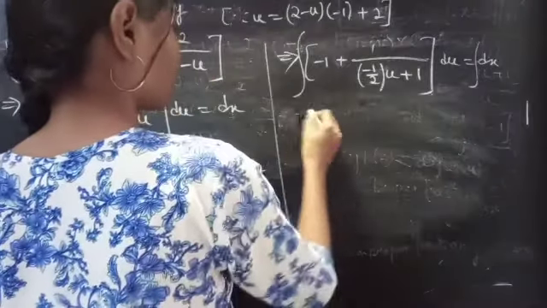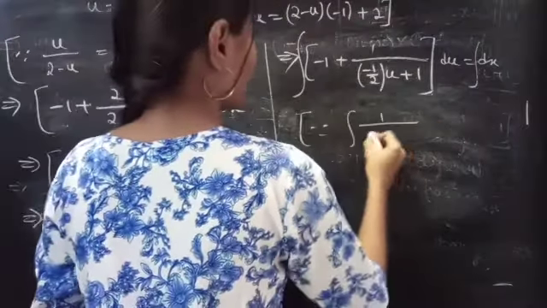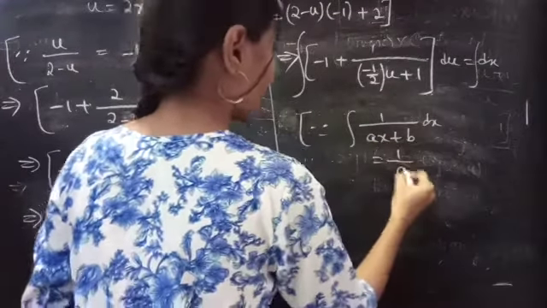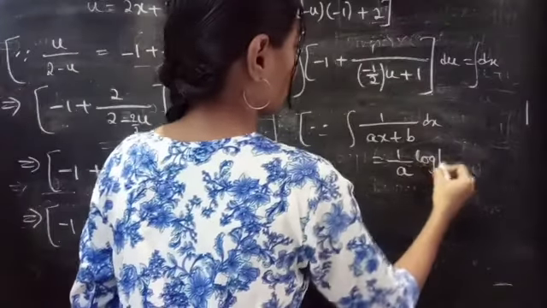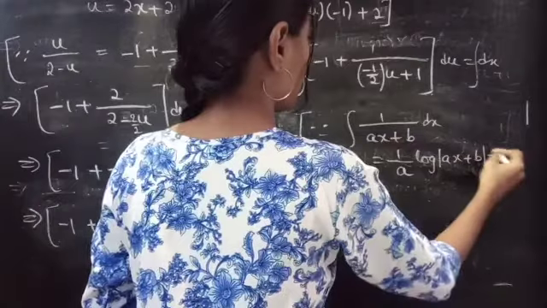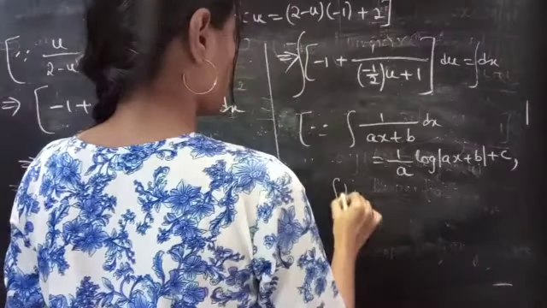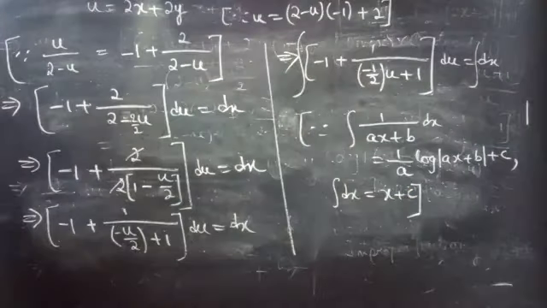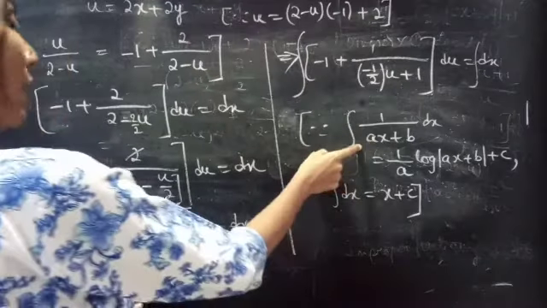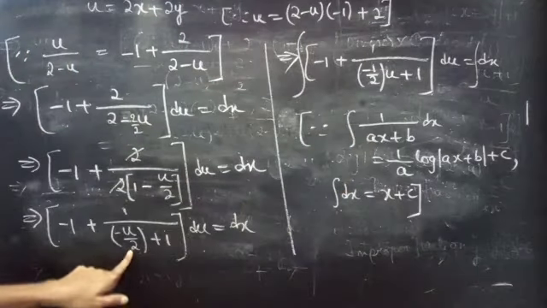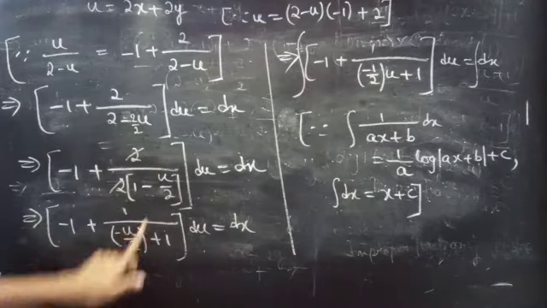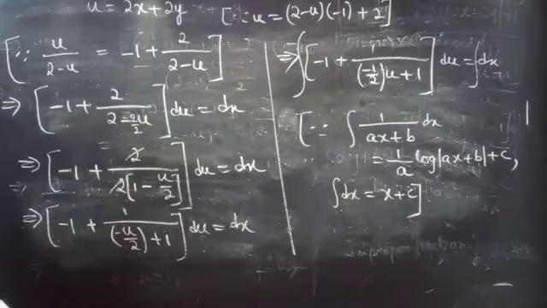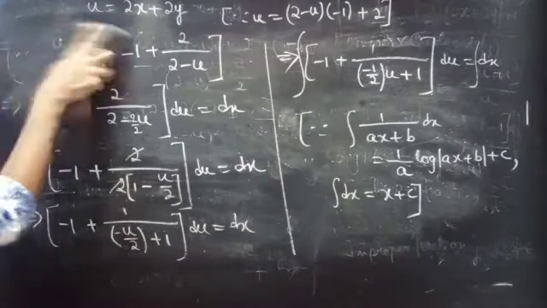Since we know that integral 1 by (ax plus b) dx equals 1 by the coefficient of x, that is a, into log mod (ax plus b) plus integration constant c, and integral dx equals x plus integration constant c. Okay, in order to apply this formula, we have written the fraction and the coefficient like this, so that it will be easy to solve.